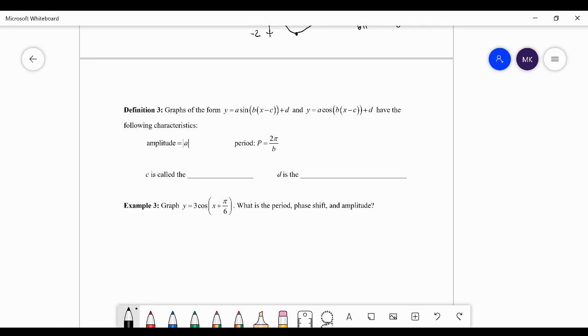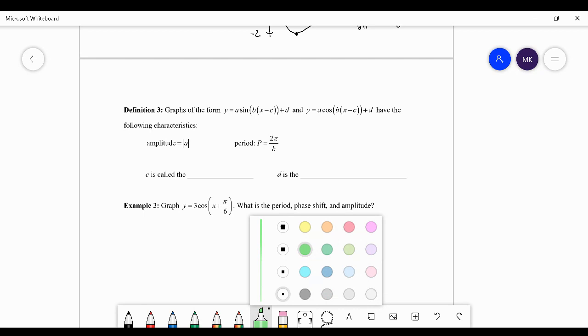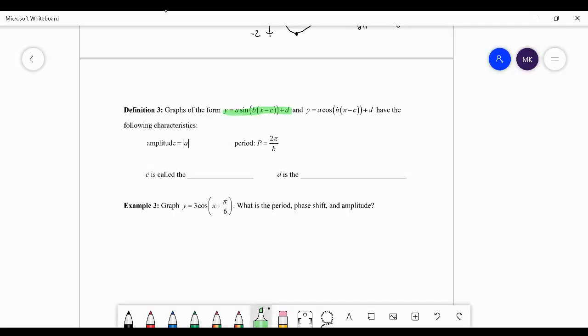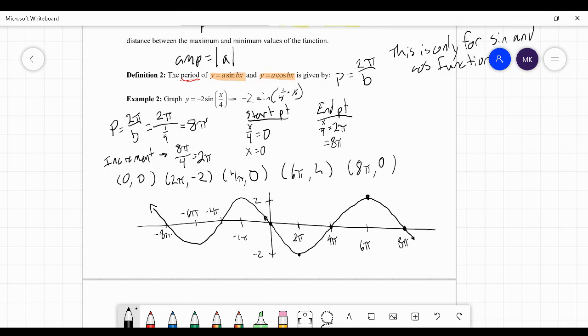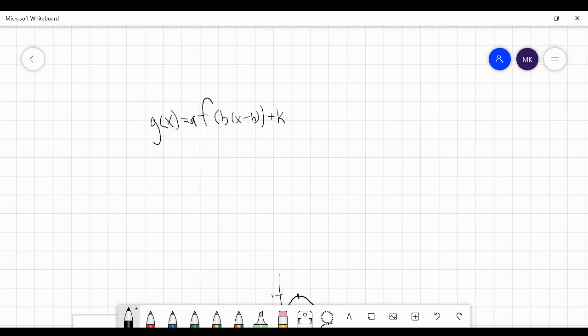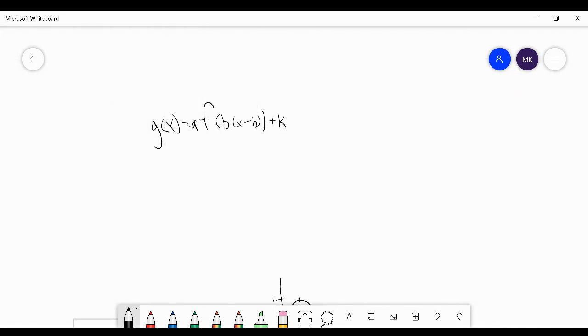Let's move down to definition 3. So this gives us kind of all of our characteristics. So if you notice, the definition, or these general forms here, let's do green. These general equations here look very similar to what we had when we talked about function transformation in college algebra, right?